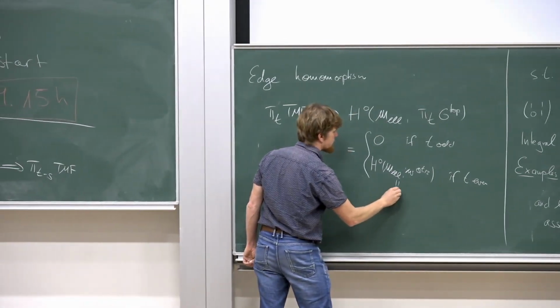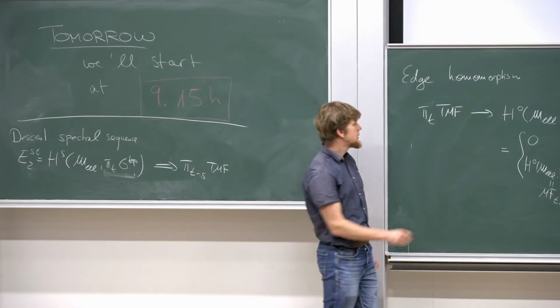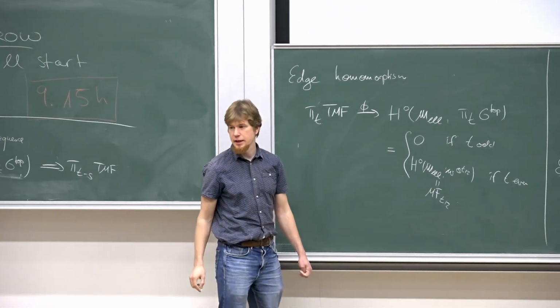And this is the same as MF, the ring of modular forms. So this is exactly this phi I had at the very beginning.